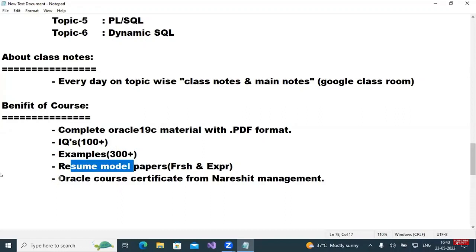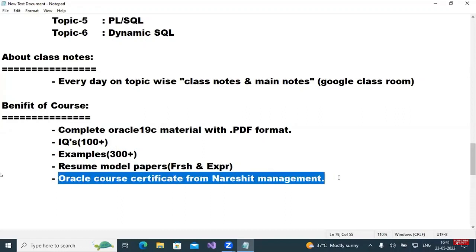One more additional benefit for you guys: Oracle certificate. Naresh Shetty will provide the Oracle course certificate, but they give certificates in two categories. If anybody is a full stack Java developer, then you will not get this certificate, because your full stack course covers everything: core Java, advanced Java, Oracle, HTML, JavaScript, and Spring Boot.